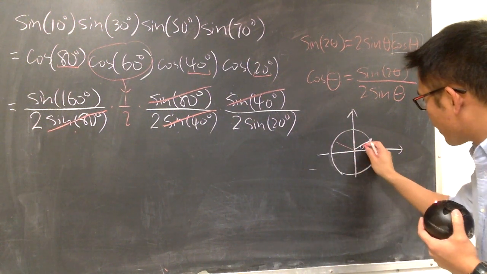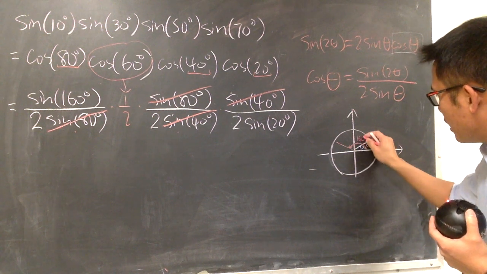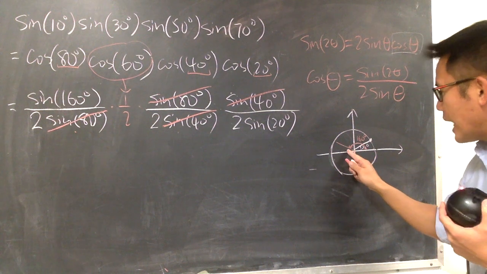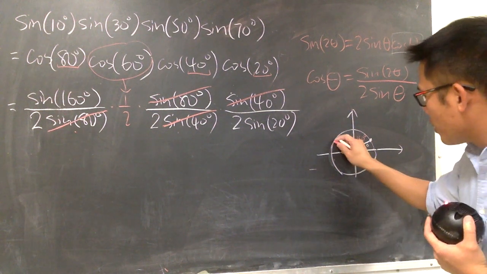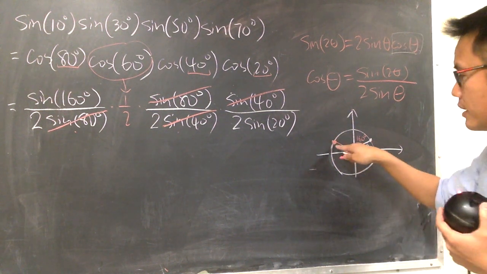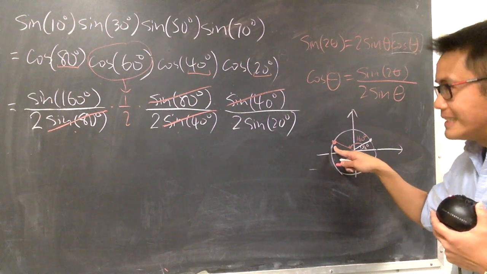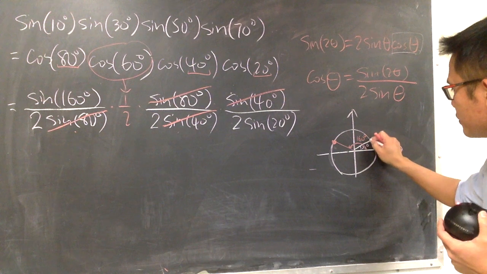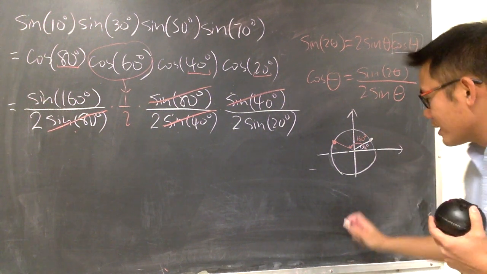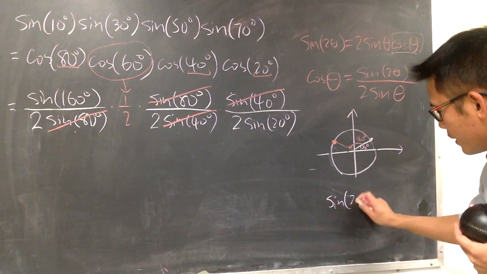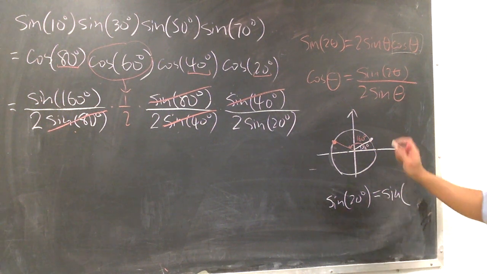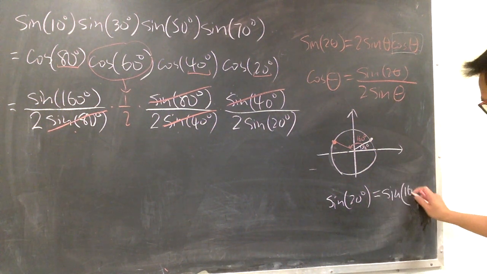160 degrees means you go from here to here, and that's just a nice reflection of left and right, because the 20 happens to be right here as well. So this is sine of 160 if you look at the y value here, and it's the same height, same y value. So in other words, sine of 20 degrees actually equals sine of 160 degrees.